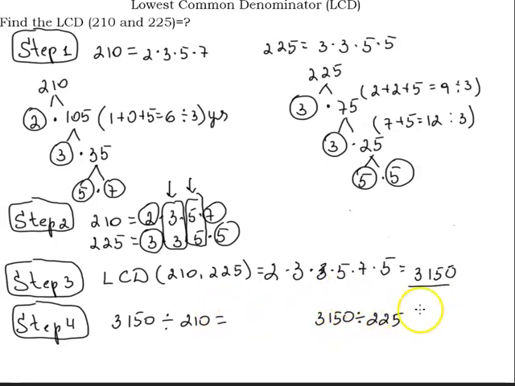Because if this number is not divisible by either of them, it means we made a mistake somewhere. So I punched it into the calculator: 3150 divided by 210 equals 15, and 3150 divided by 225 equals 14. So we're good to go, mission accomplished.